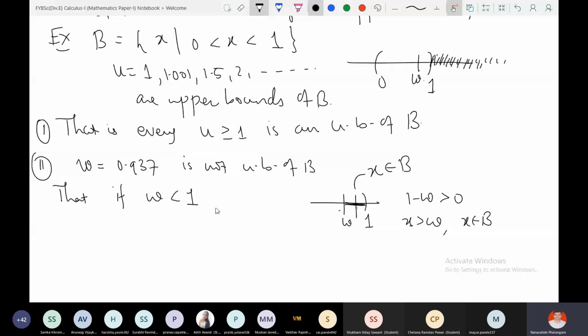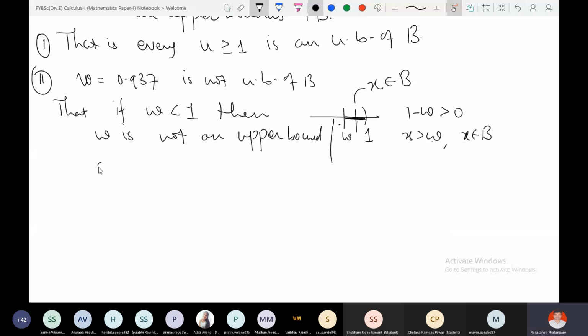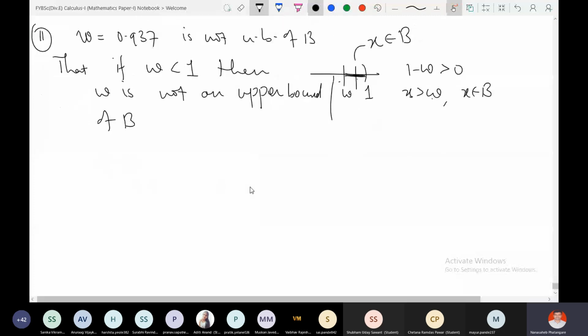So if W is less than 1, then W is not an upper bound of B. If you choose any W smaller than 1, then it is not an upper bound. And what is the conclusion from this?